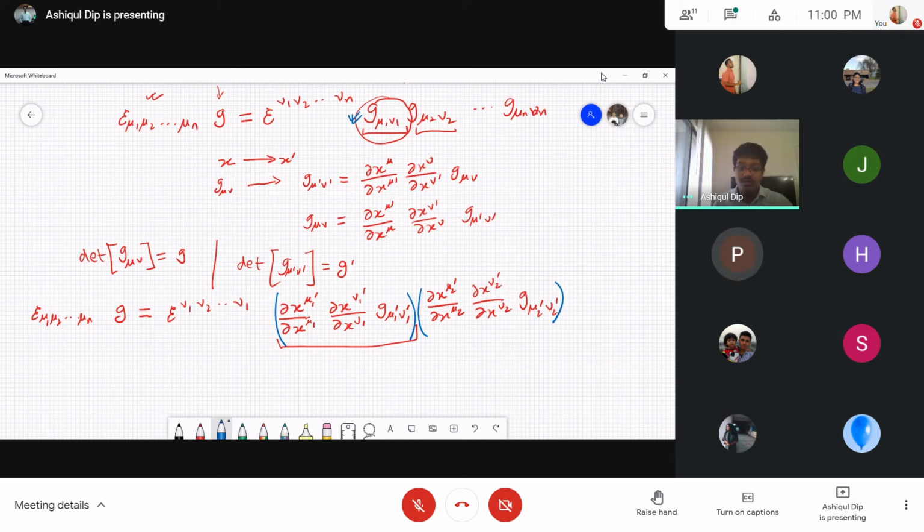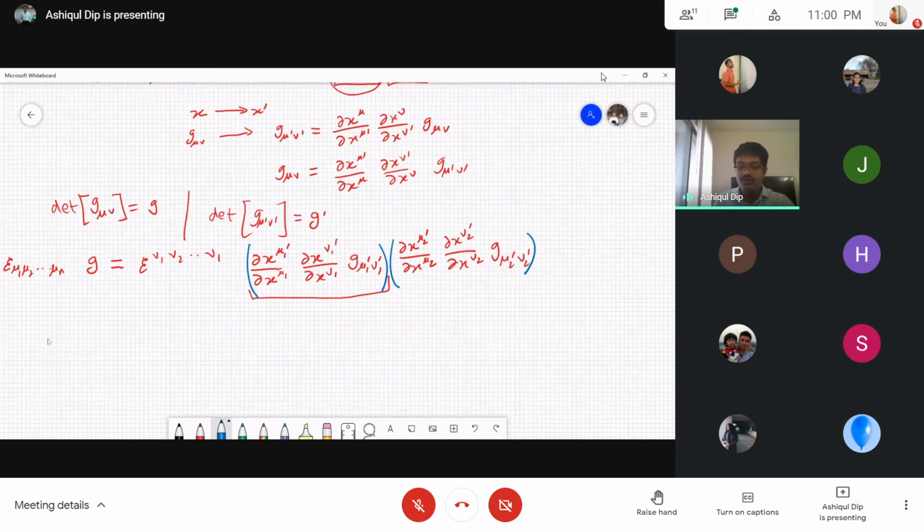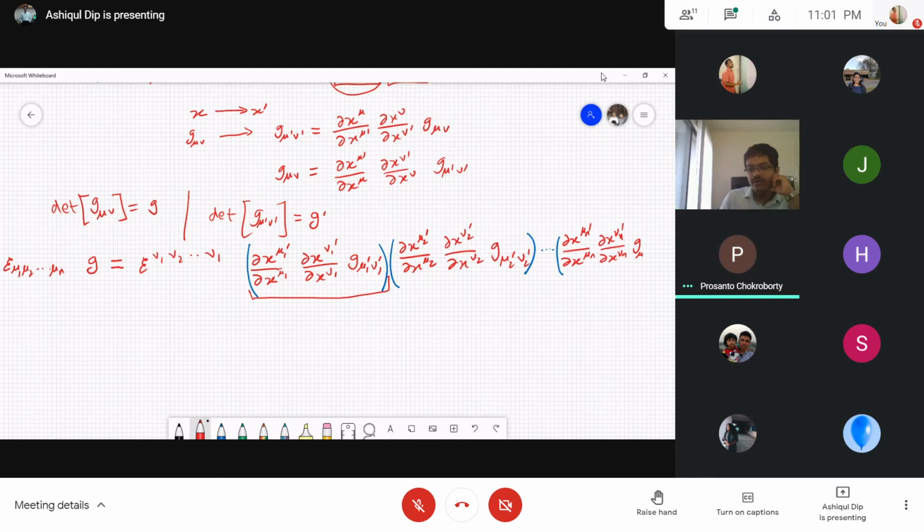And so on. Let's write the nth term: delta x mu n prime by delta x mu n, delta x nu n prime by delta x nu n, times G mu n prime nu n prime, right?